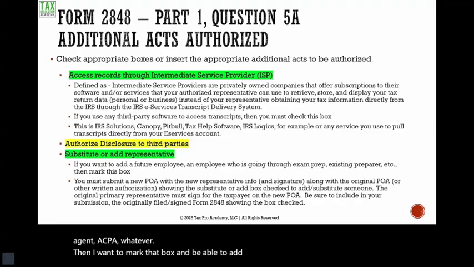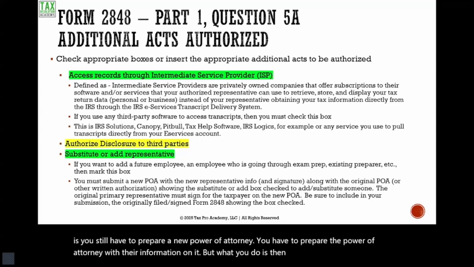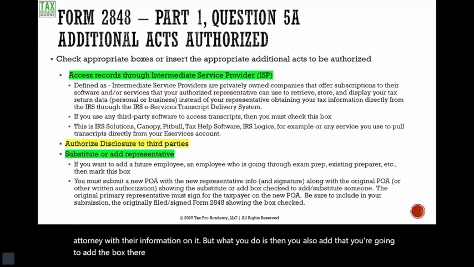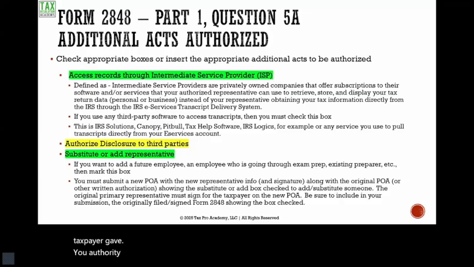Now, you still have to prepare a new power of attorney with their information on it. Then you also add the box there, and you attach the old power of attorney with the new power of attorney, basically showing that the taxpayer gave you authority to add an additional person.